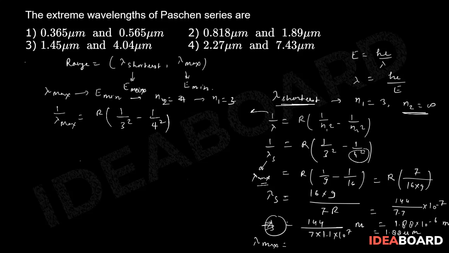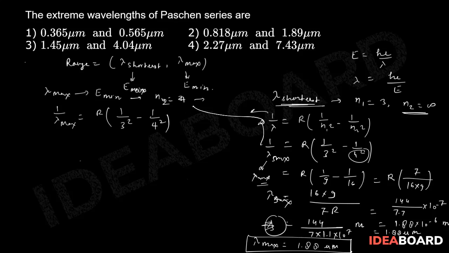It is better that lambda max we can find directly, which will be 1.88 micrometers. Okay, you found what the mistake was. So actually for lambda shortest we need to put n equal to infinity. So this is lambda max.